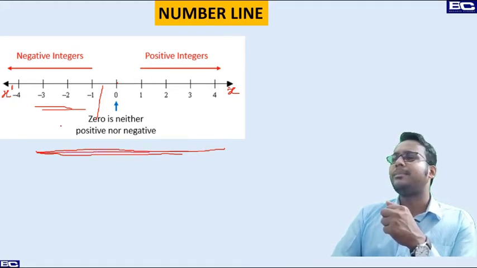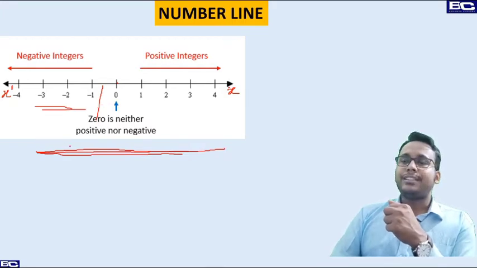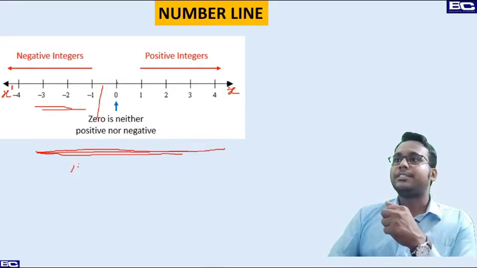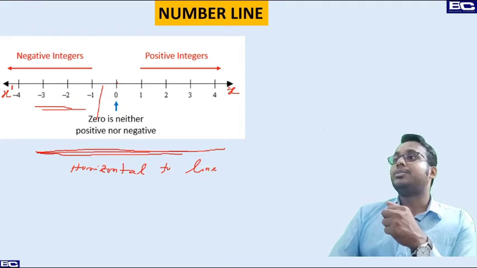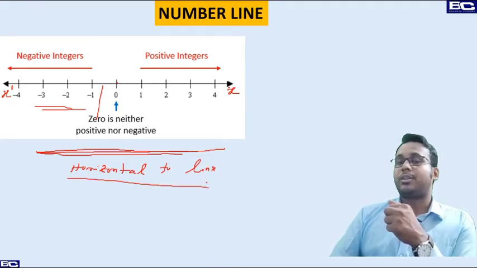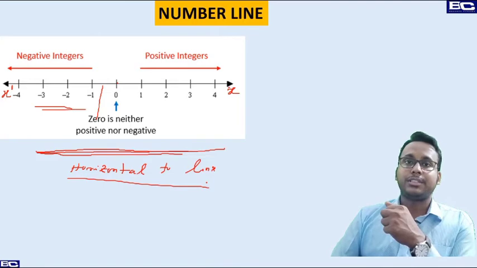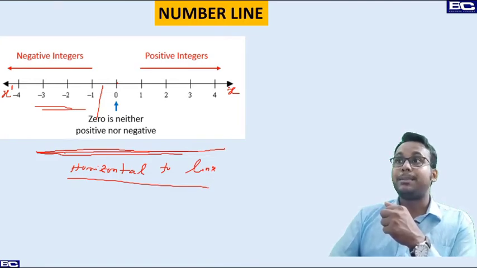Imagine another straight line here. So this is parallel. This is a horizontal line. Those lines which are parallel to the ground are called horizontal lines. Or simply, it is a sleeping line.